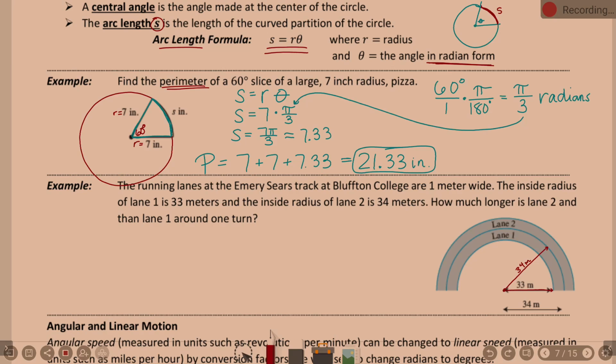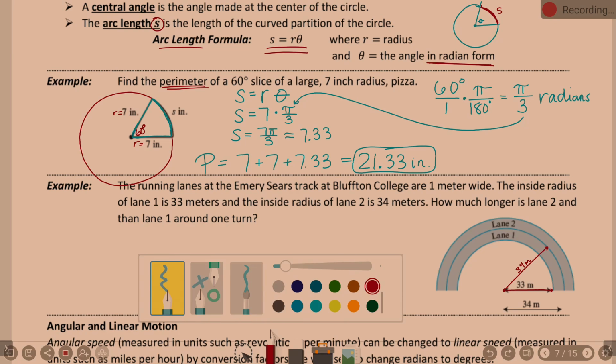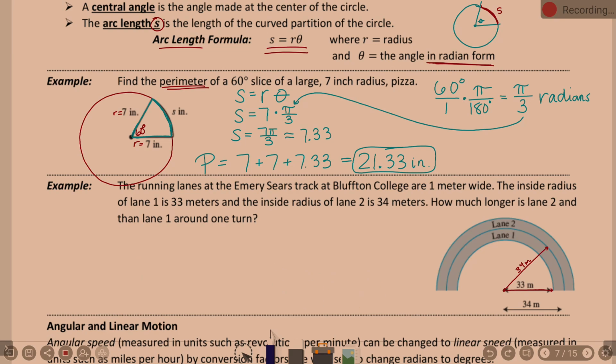How much longer is lane 2 than lane 1? Do you see what we're going to be finding here? I think R is equal to 34 and 33. Our radiuses are 33 and 34.